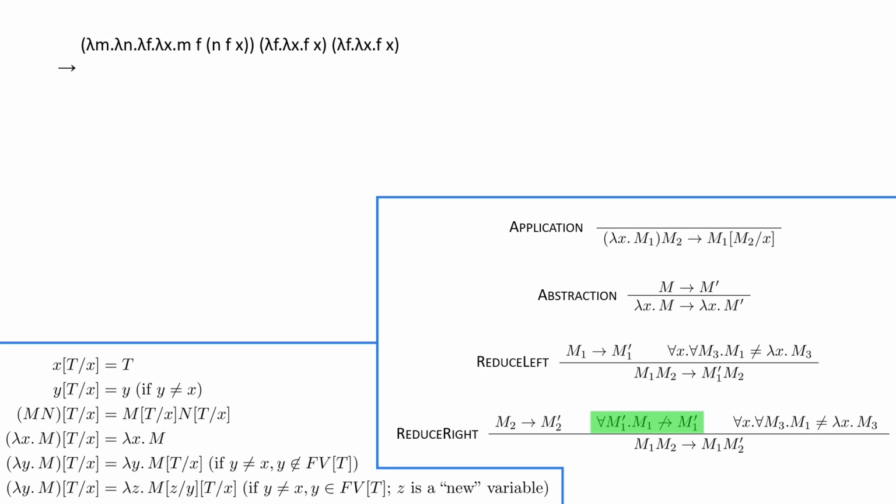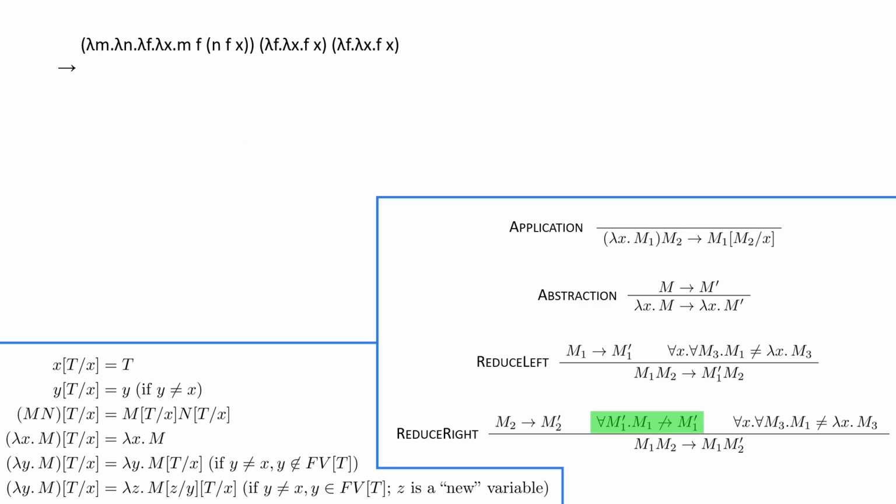But in showing that the reduce left rule applies, we showed that M1 is reducible. That was the first premise of reduce left. Since this premise requires that M1 is not reducible, the reduce right rule does not apply. Indeed, this premise guarantees that the reduce left and reduce right rule can never both apply, because this premise is the exact inversion of the first premise for reduce left.